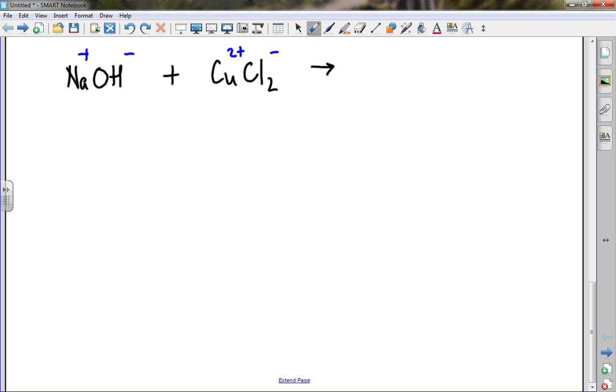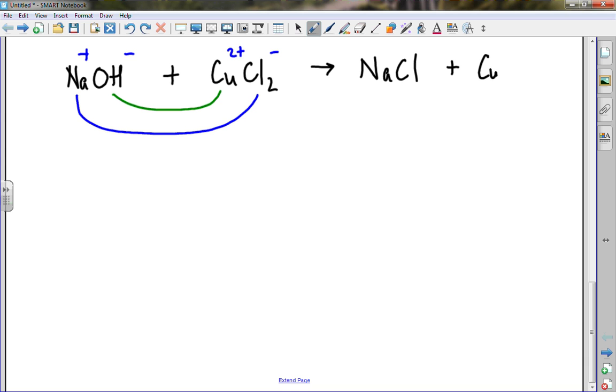And so what happens is this positive cation, the sodium, wants to pair up with this negative chlorine. And then you've got this positive copper cation that wants to pair up with this negative hydroxide. And so what you really get then is sodium chloride plus copper 2 hydroxide.